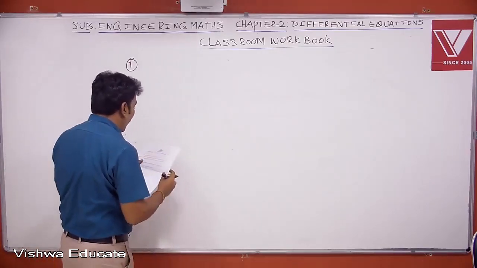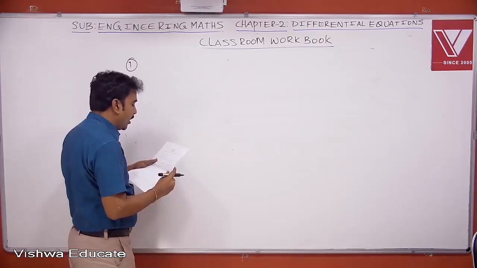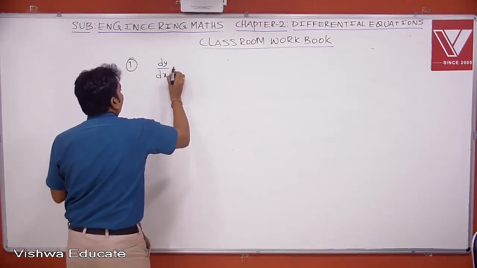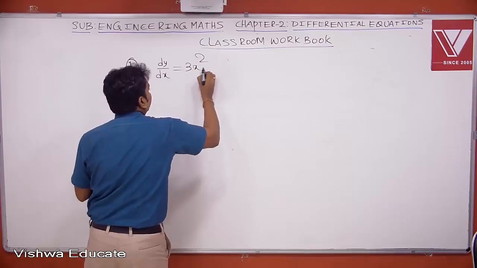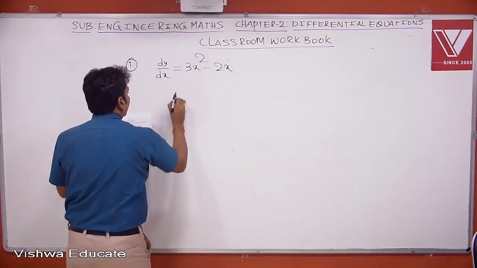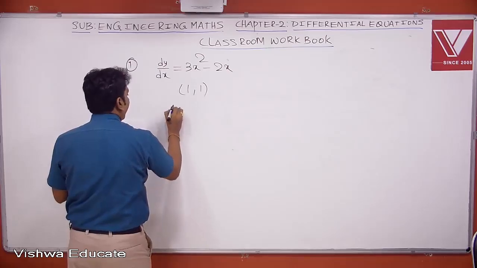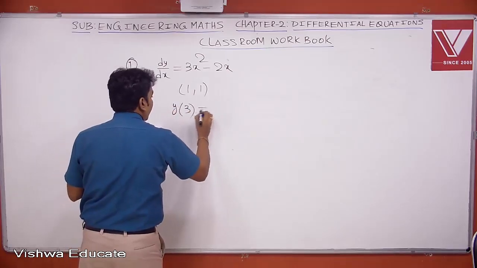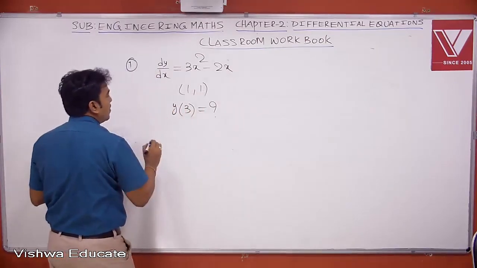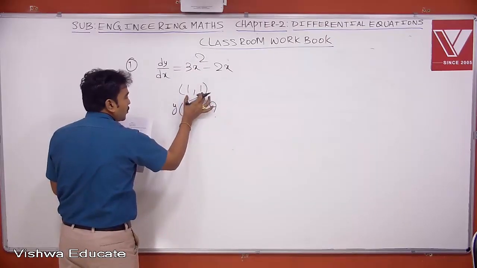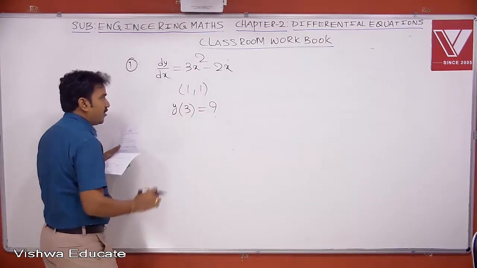The solution function y equal to f of x of an ODE dy by dx equal to 3x square minus 2x passes through the point (1, 1). The magnitude of y at x equal to 3. So they were asking this, y of 3 equal to what? So the solution function y equal to f of x of this equation passes through this. Then what is y of 3?